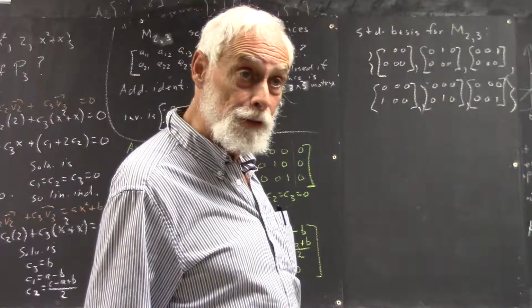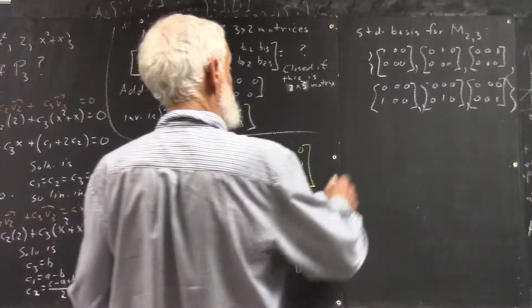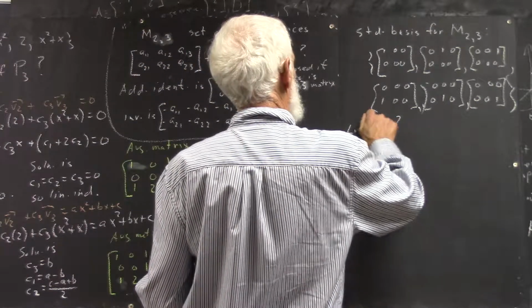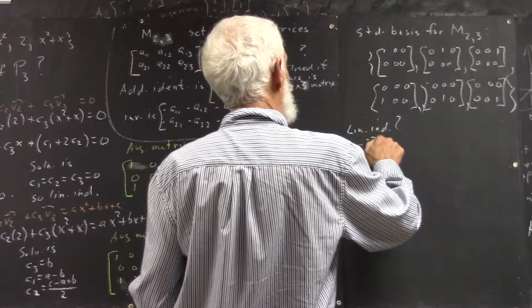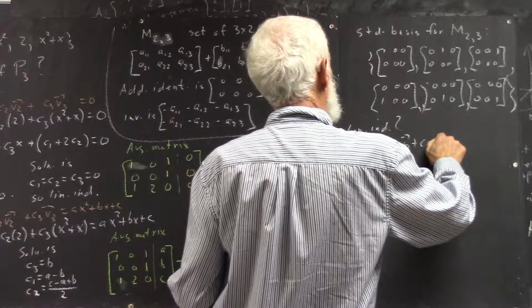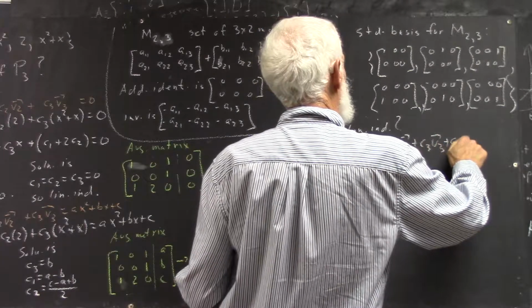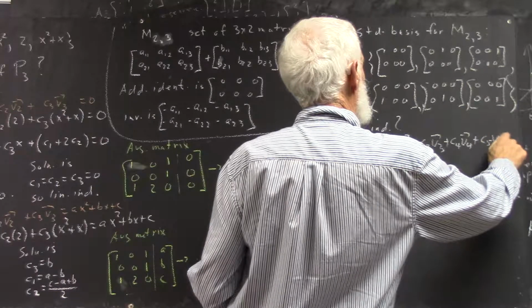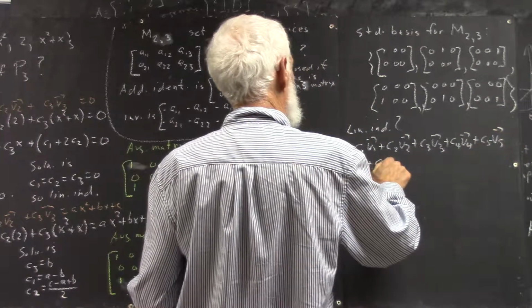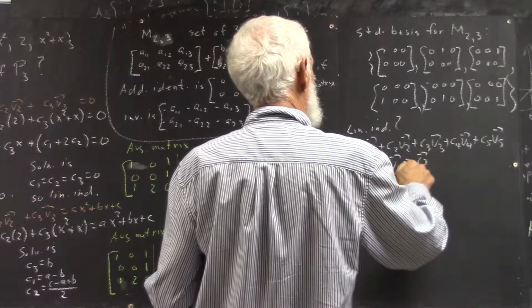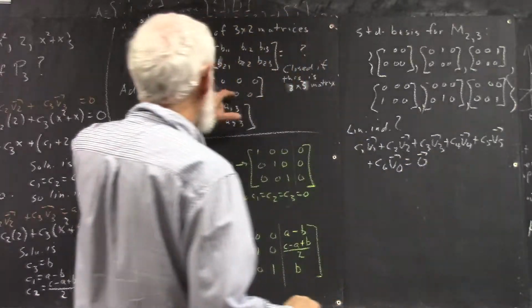Okay, is that a basis? Is it linearly independent? Well, C1V1 plus C2V2 plus C3V3 plus C4V4 plus C5V5 plus C6V6 equals the 0 matrix, which is this, right?